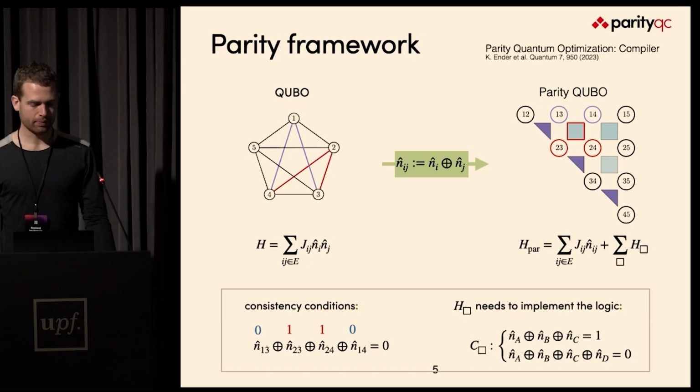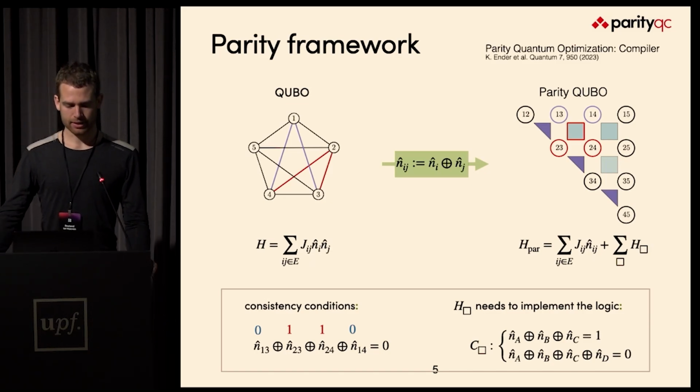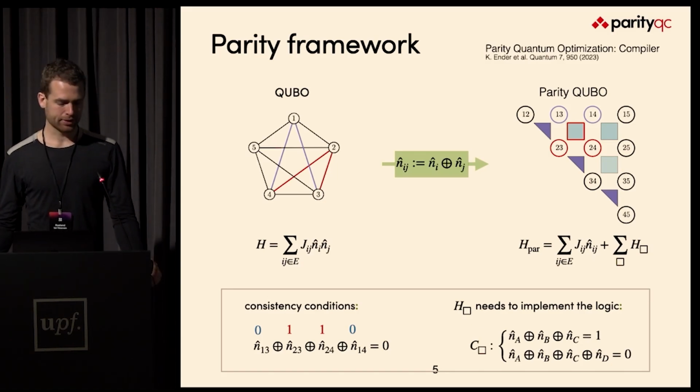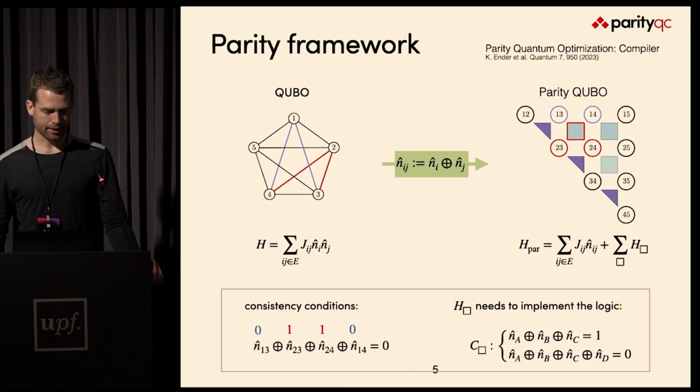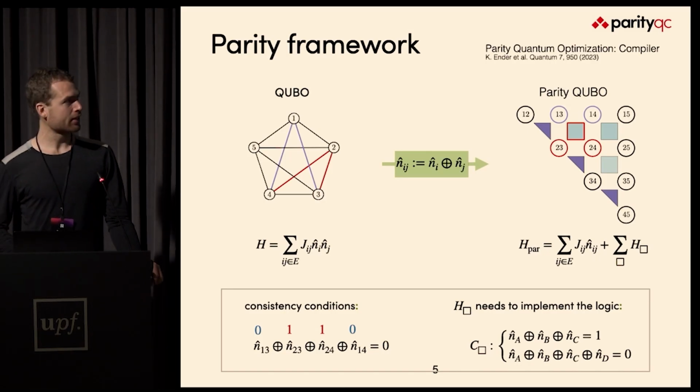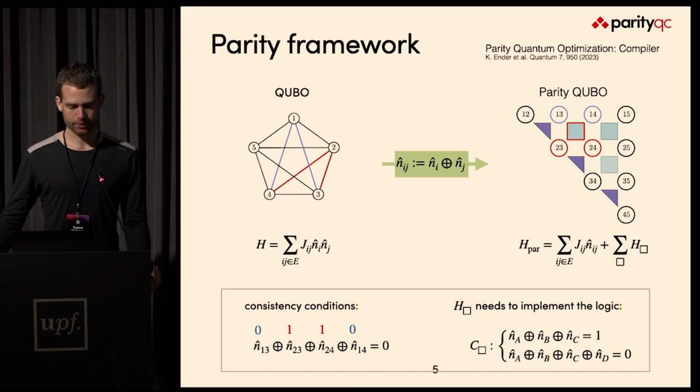Let's go a bit more into detail about what the Parity framework actually does. Here you can see a QUBO problem on the left, which has, in this case, a fully connected graph, so all edges are present. Then we make this mapping where each edge in this QUBO graph becomes a node or a qubit in the parity picture.